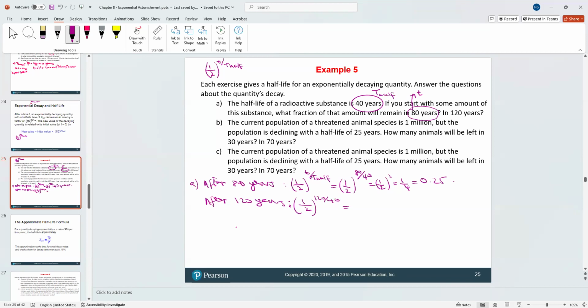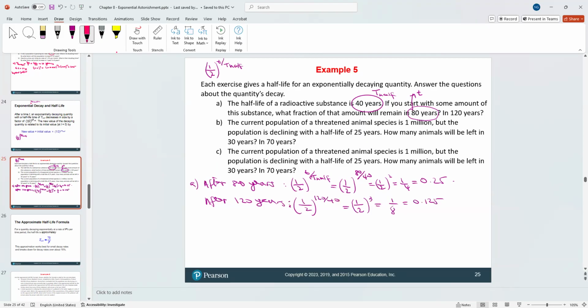So if we do that, the answer would be 1/2 power 3, which is 1 over 8, equal to 0.125. So we answered the question for part A, and if you want, we can either do part B, or I can leave it for you to enjoy.